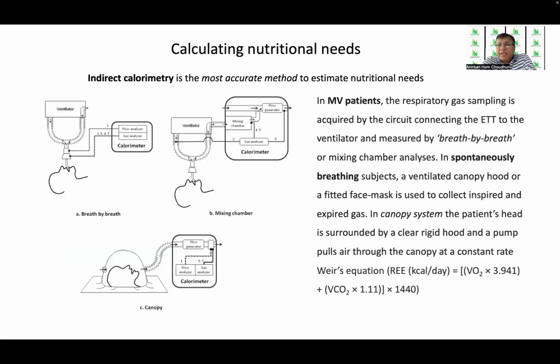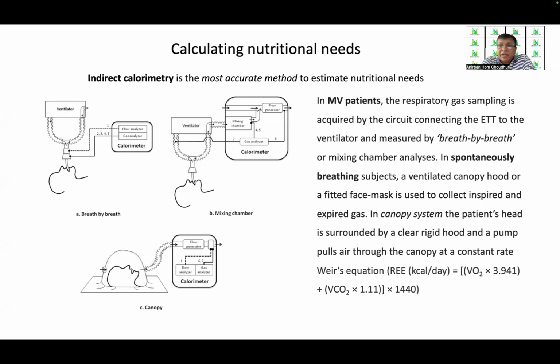So the first thing in understanding the nutritional needs is the knowledge of how to calculate them. Now, to obtain the best calculations, it's always direct calorimetry, which is the best or the most suitable method for all patients. But this is not always possible, feasible, and available.